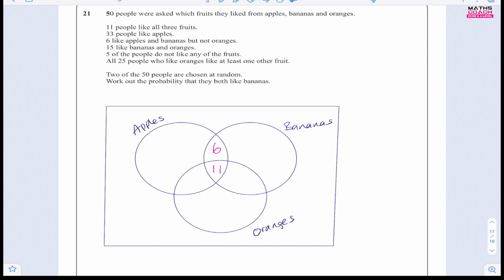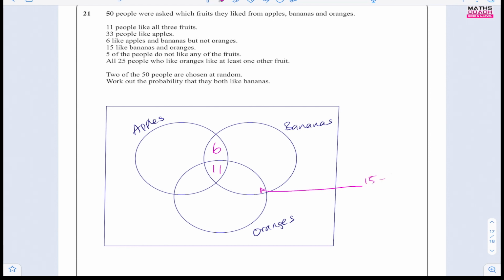And the next sentence says that 15 people like bananas and oranges. So here we have our banana circle and here we have our orange circle, which means that all of this has to represent 15. Now, seeing as we've already got 11 in here, we have to take that 15 minus 11. So let's go ahead and do the working out for this.